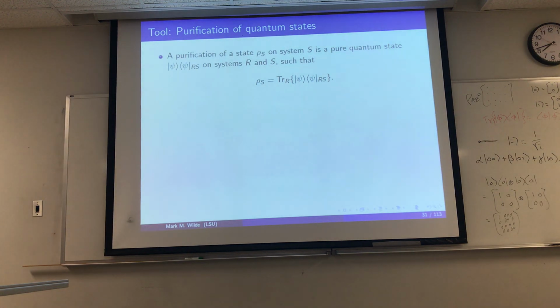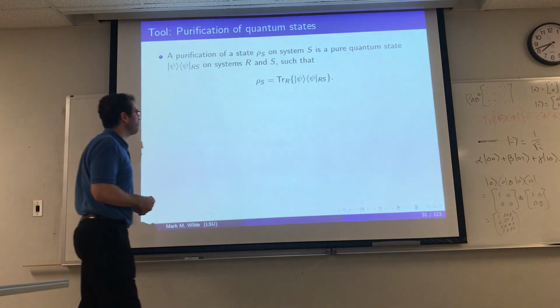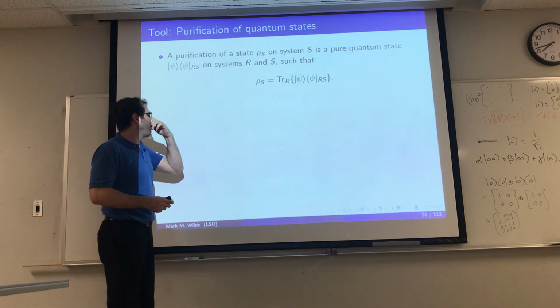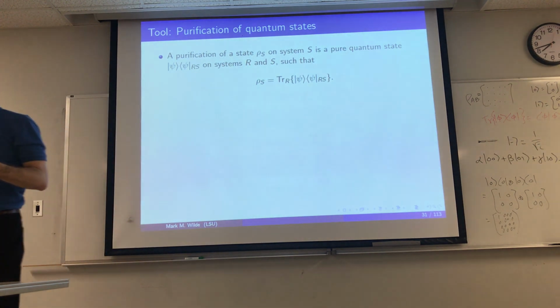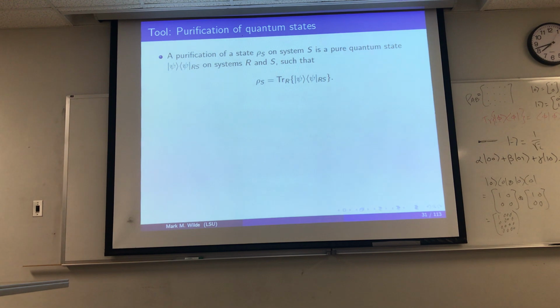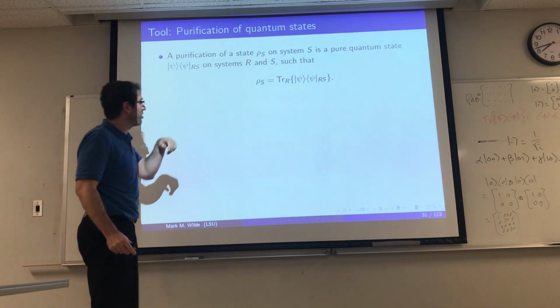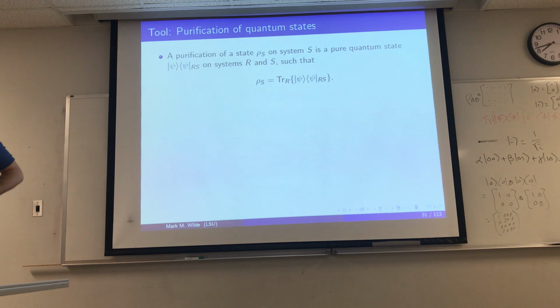This is different. You cannot do this classically. What is the claim? What would you try to do classically? You would take a distribution, and then you would try to find some deterministic classical state on a joint system, such that when you do this discarding, you recover a mixture, a mixed state.